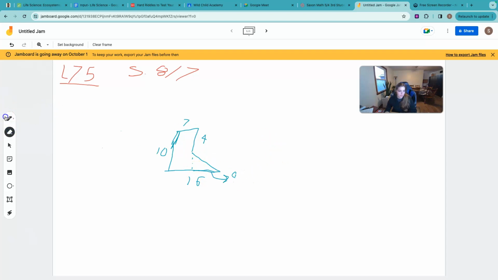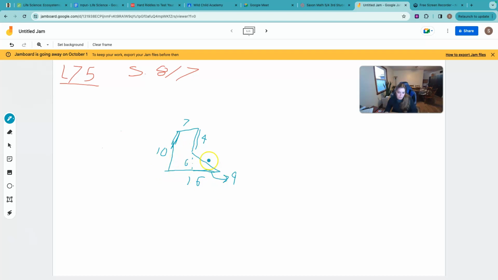So that's 9. From here to here, we would have 10 minus 4, right? Because this side here is equal to 4, this long side here is equal to 10. The difference from here to here would be 6.